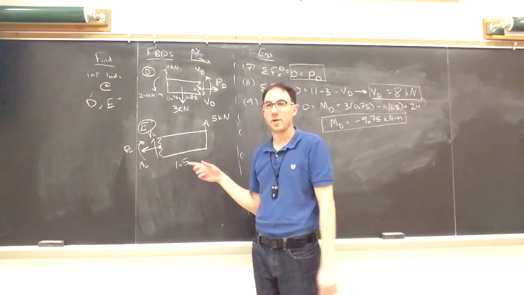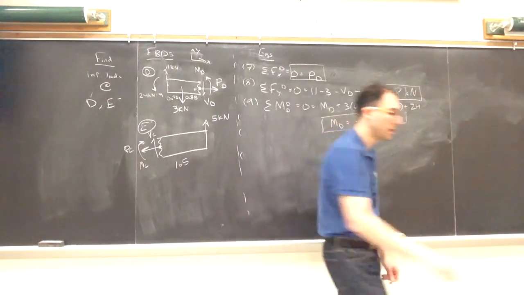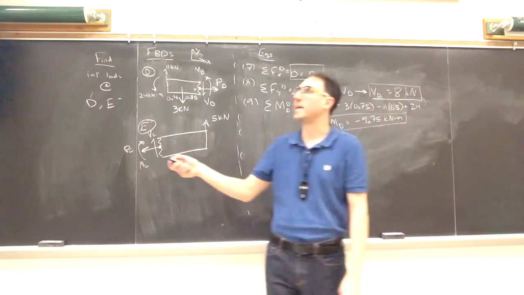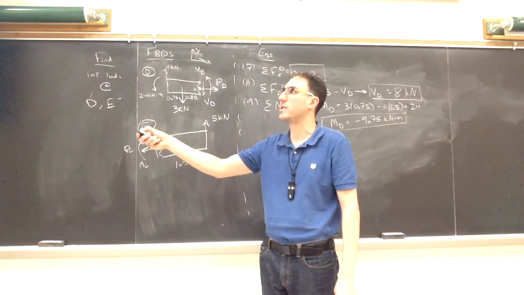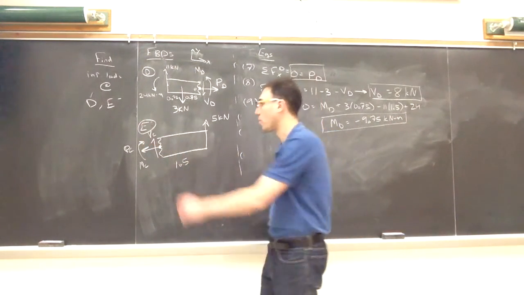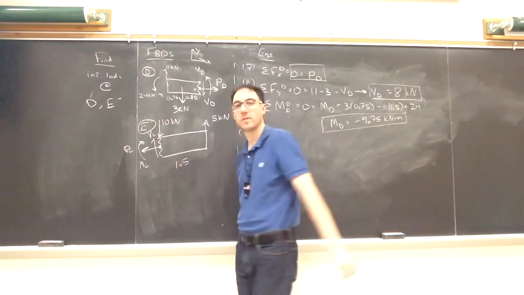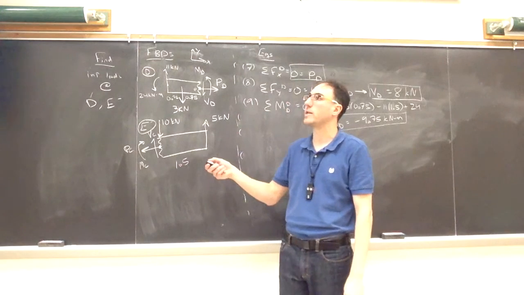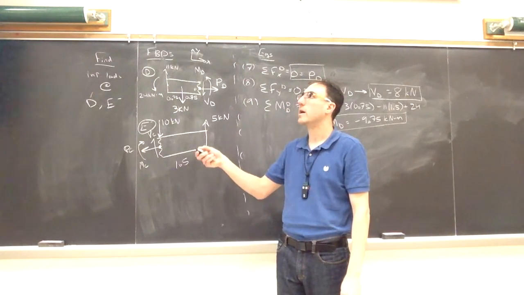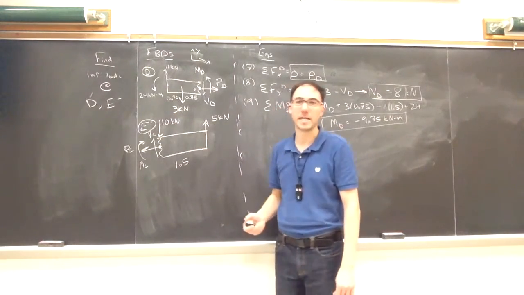And we also have to be concerned here, because we're taking our cut just to the left of point E, because we have a point load acting on point E itself, if we're cutting just to the left of it and we keep everything to the right, that means that this picture will include at that edge the 10 kilonewton force. Again, that's the difference. If we were looking just to the right of point E and we took everything to the right, then this picture would not include that 10 kilonewtons.